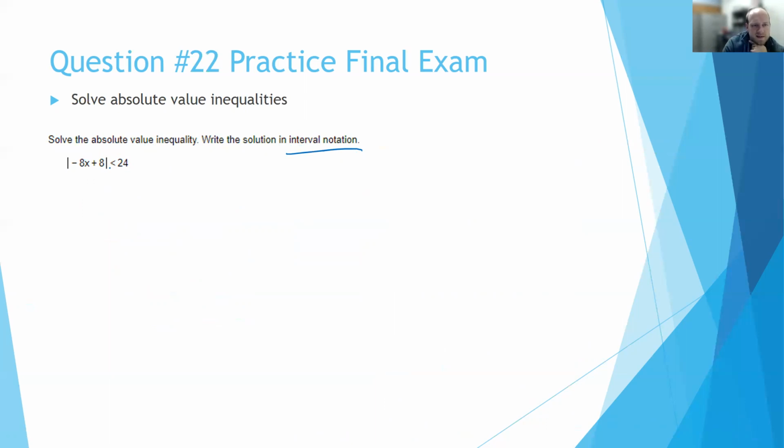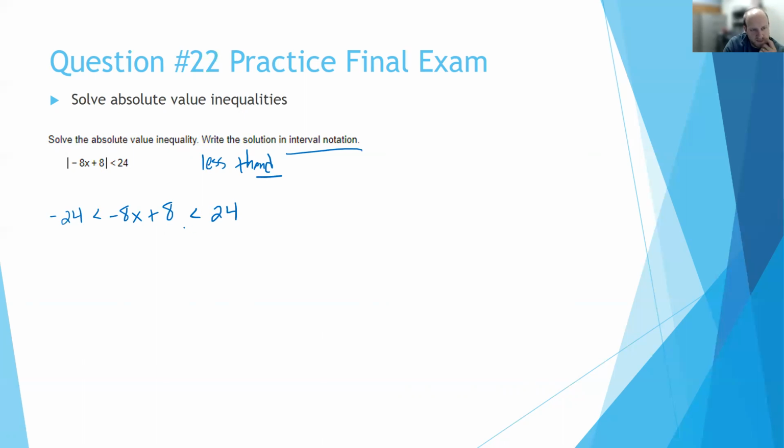Then you look at this symbol and it's a less than. So it's an and statement. And what we do here is, again, we break it up. We say negative 24 is less than what was on the inside is less than 24. That's how we break it up.